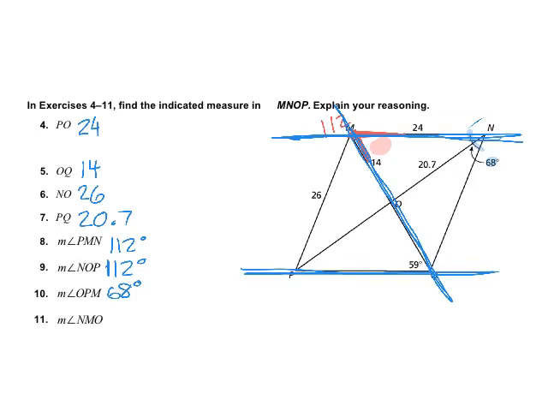Is there any labeled angle that corresponds with it? 59. And what do we call 59 in relation to the angle I need? Good. Alternate interior angles. And we know alternate interior angles are what? Congruent, right? So this one has to be 59.